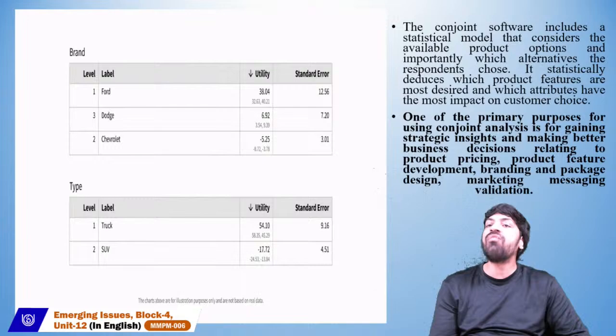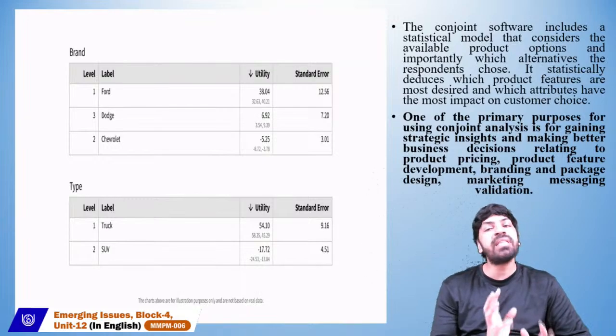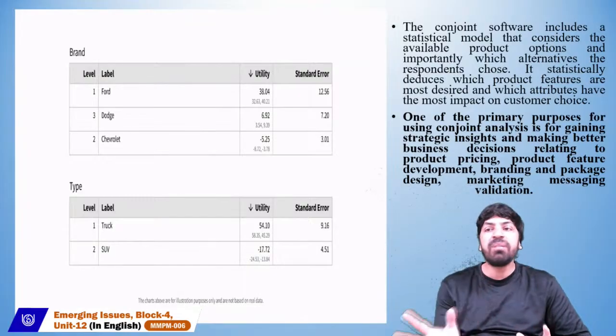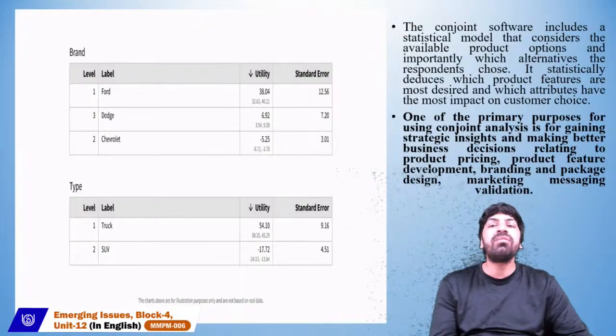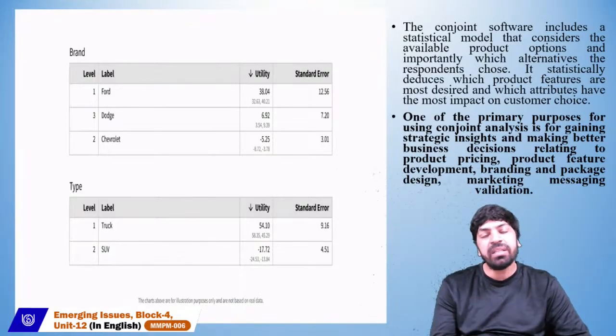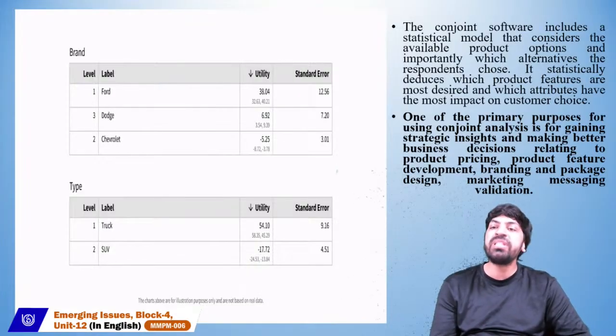So the conjoint software includes a statistical model which always considers whatever product options and alternatives are available to the consumers, and the consumers decide the most desired option and the attributes which impact customer choice.